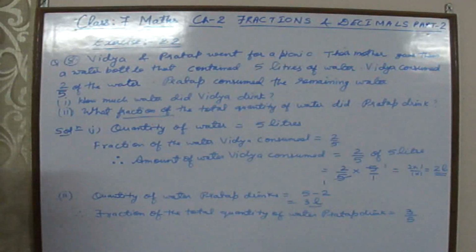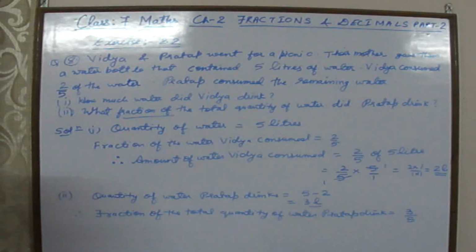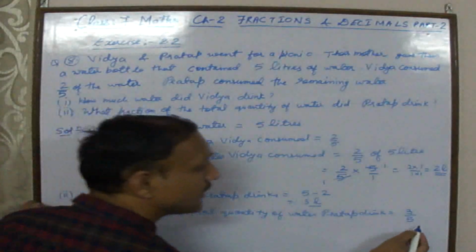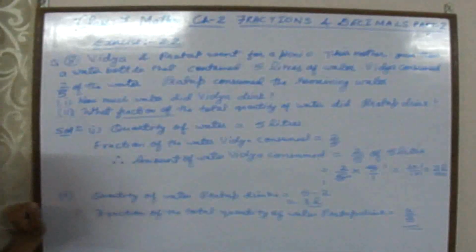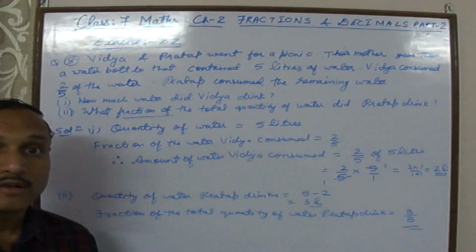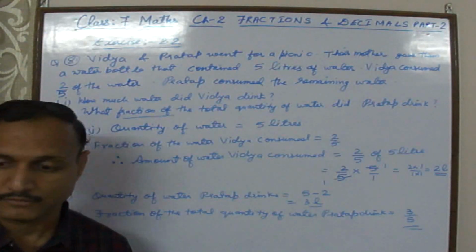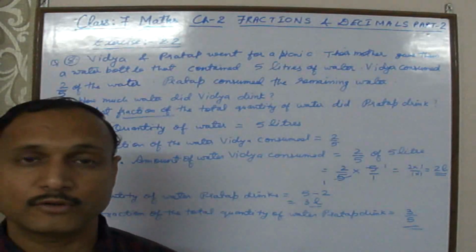Out of 5 liters he drank 3 liters, so 3 by 5. So the fraction Pratap drank is 3 by 5. So this exercise was completed. Only we have not done question number 1, 2 and 4, and those are picture based questions, and you can do them easily. So I am leaving those questions for you. You do it yourself.